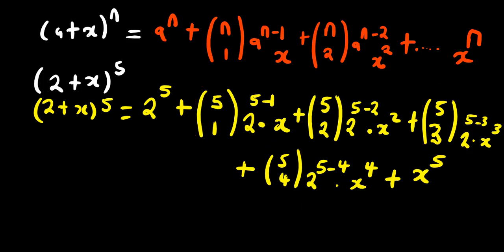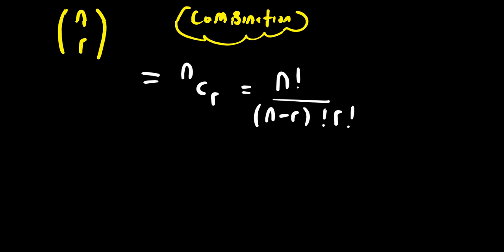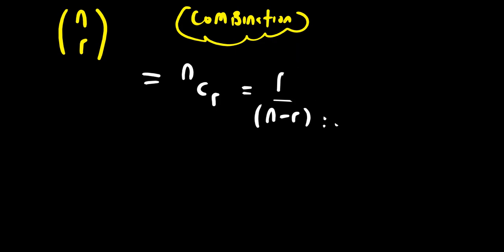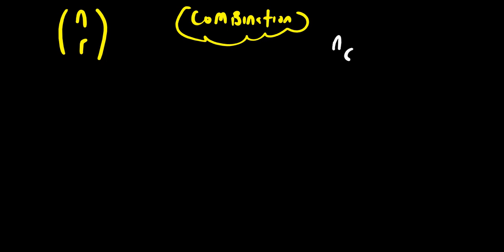I need to erase the formula. Allow me to write it here: n combination r is equal to n factorial over n minus r factorial, then r factorial.